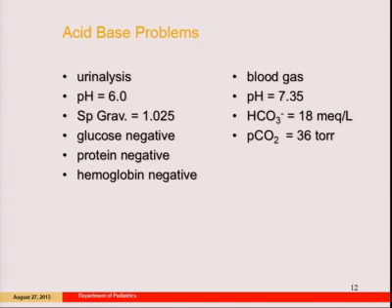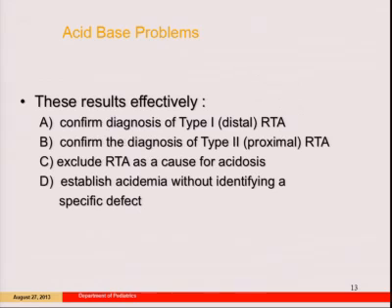The gas shows a pH of 7.35 with a bicarb of 18 and a PCO2 of 36. These results effectively confirm the diagnosis of type 1, that's distal. Confirm the diagnosis of type 2, that's proximal. Exclude RTA completely, or establish the fact that there's acidemia without identifying the specific defect.